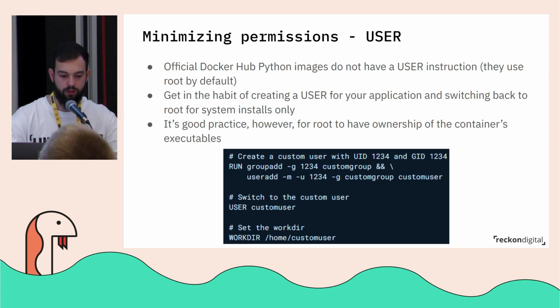So if you pull the Airflow image, you'll have an Airflow user. The Python images that you'll find in the Docker Hub are not really serving any application. They're just for you to use. So they don't set a user separate from root. That's kind of delegated up to you. And this is how you do it, and this is what you should be doing.